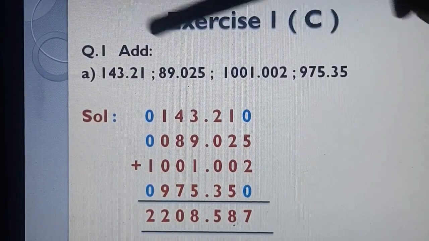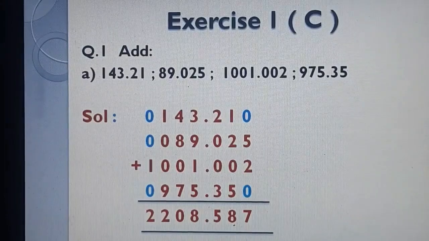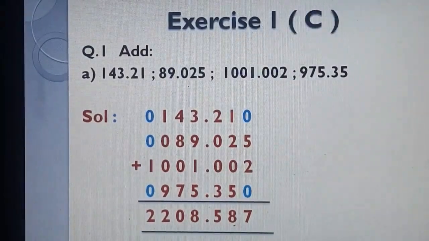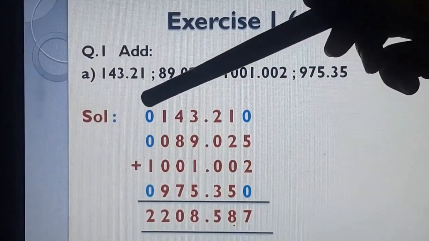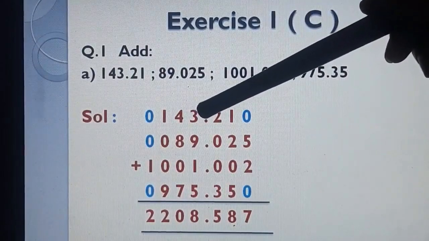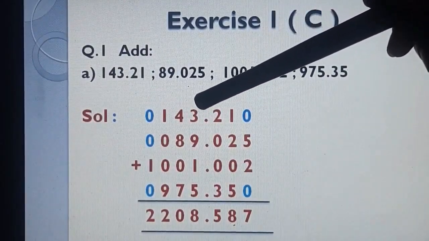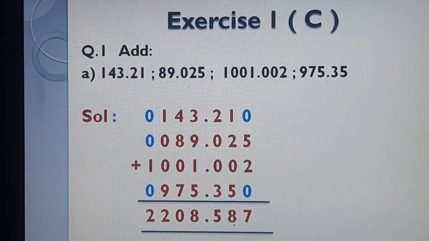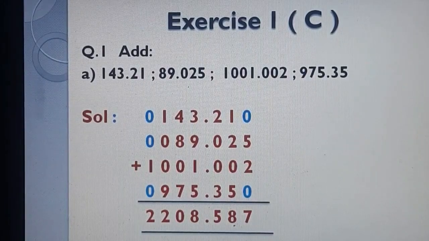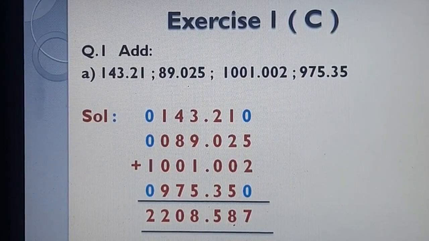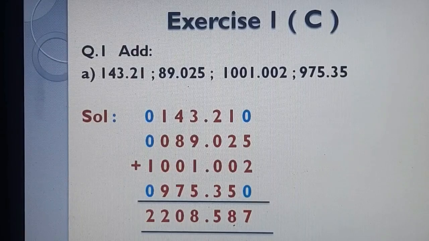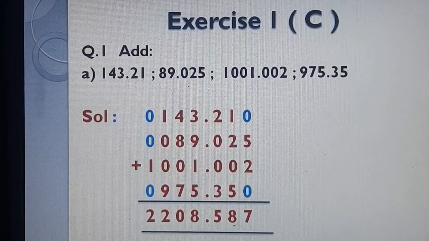अगर दिए हुए नंबर के बीच में आप 0 पुट कर देंगे तो आपका नंबर चेंज हो जाएगा बेटे. If you are writing 0 here, it will become 1430. That is wrong. Zeros will be written outside only, to the left and to the right. Only this thing you have to keep in the mind.